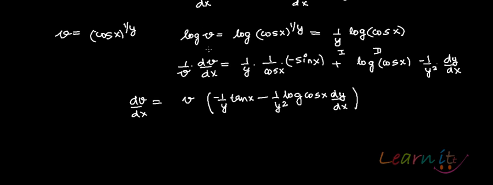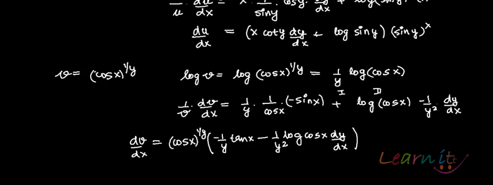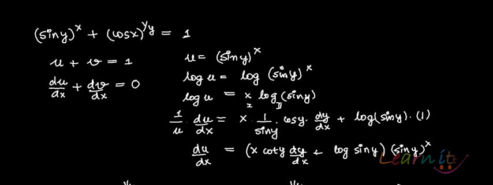Okay, in place of v, what you can do is substitute this v which you have just assumed, which is cos x to the power 1 by y. Now the expression is du by dx plus dv by dx, so you'll just substitute it.